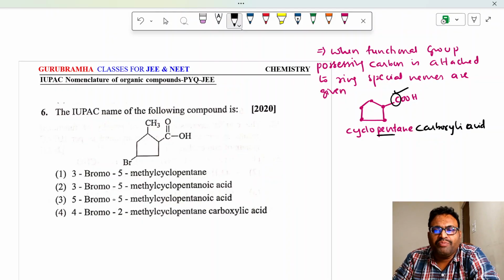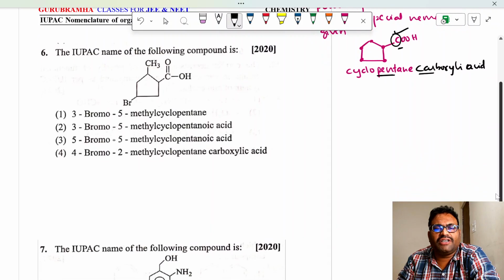Why am I using it? Because this carbon of the functional group is not coming into the parent chain, that carbon is to be clearly mentioned in the form of carboxylic acid. Are you getting this? Right?